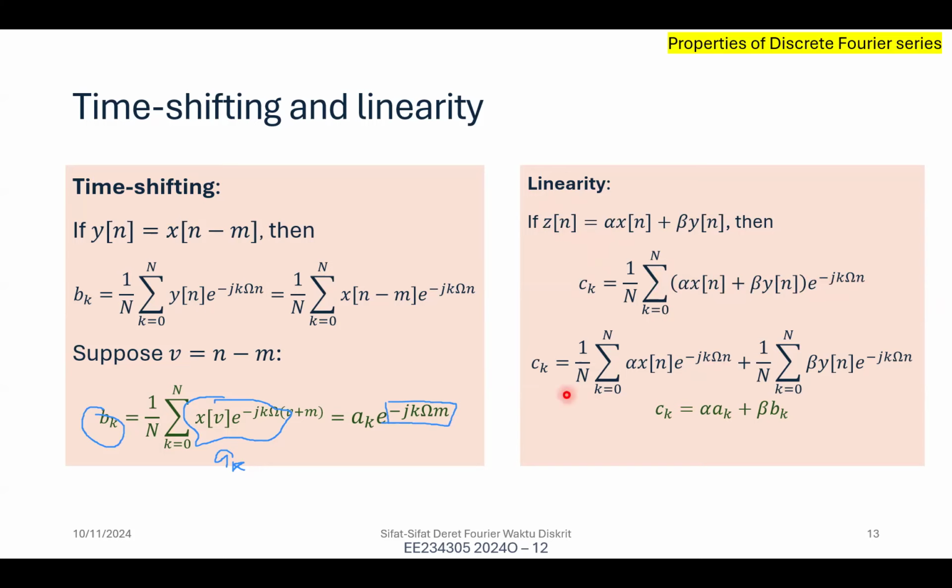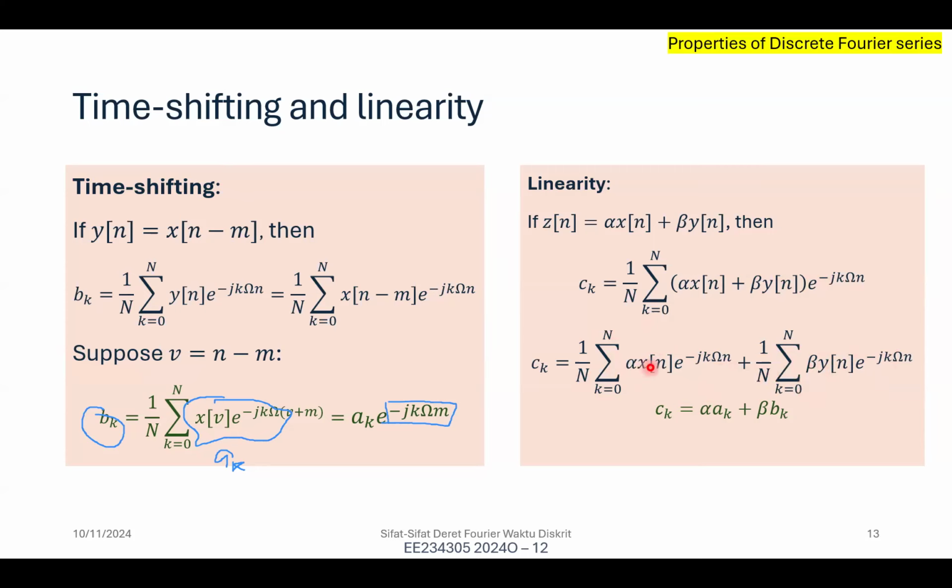And ck here is 1 over n times alpha xn, plus 1 over n times beta yn. We can get this ak, and this is the bk.